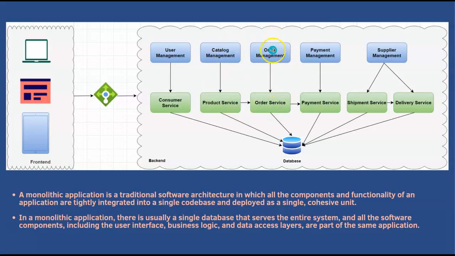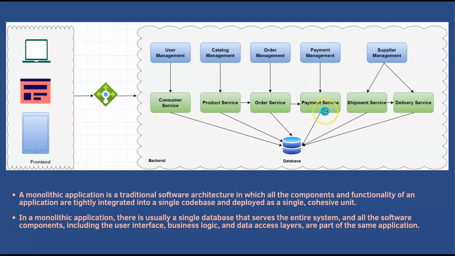So it goes to the order management module, and the order management module goes to the order service, and it allows the user to make the order. Then it goes to the payment service, the payment management module. It allows the user to do the payment authorization with the respective bank or credit card company, and then it goes to the database and does the required query for the payment related information.